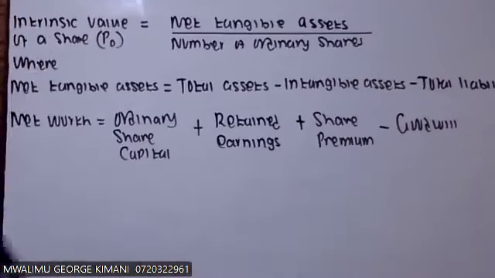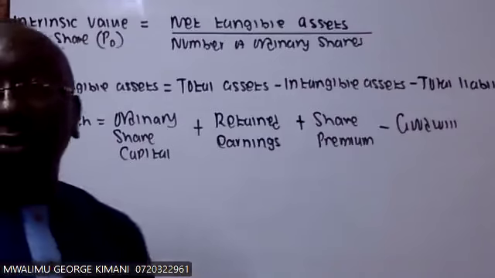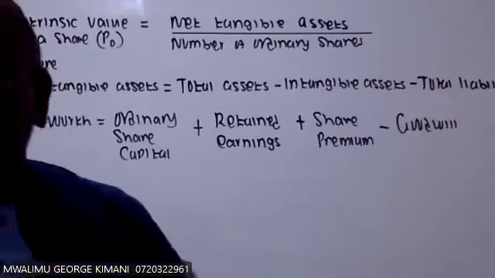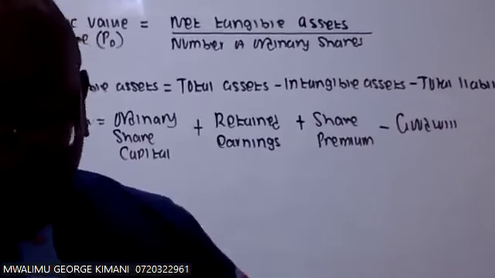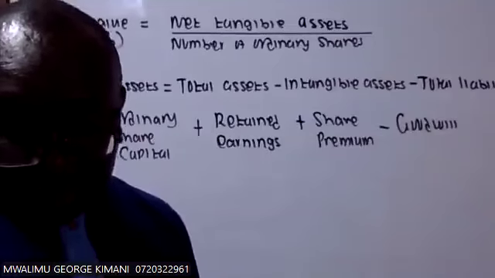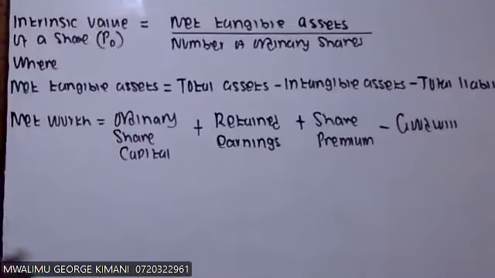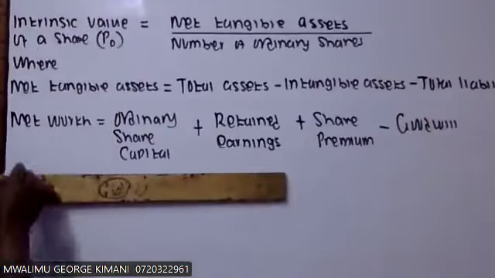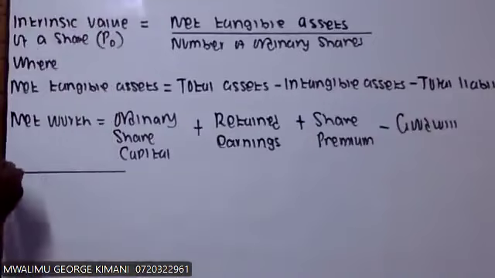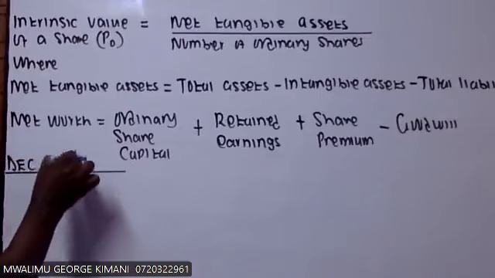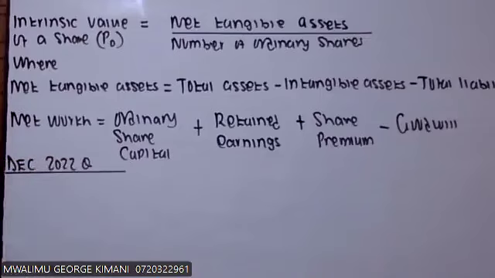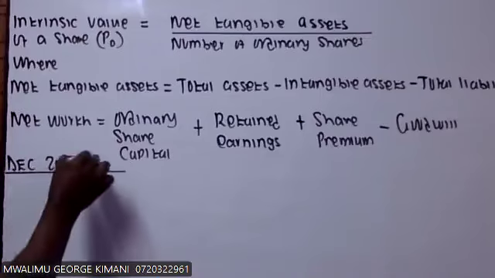Even this one, the share premium, then you less goodwill. So let's go to this question that was tested in December 2022. Let's go to our past papers and check December 2022, question number 2A.